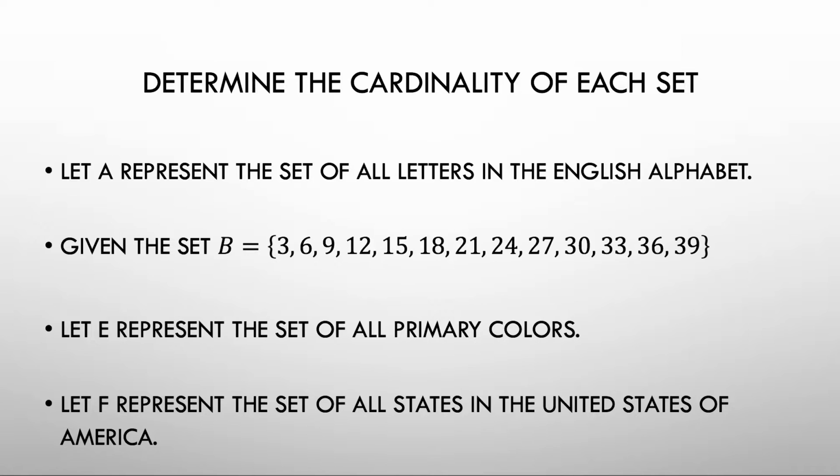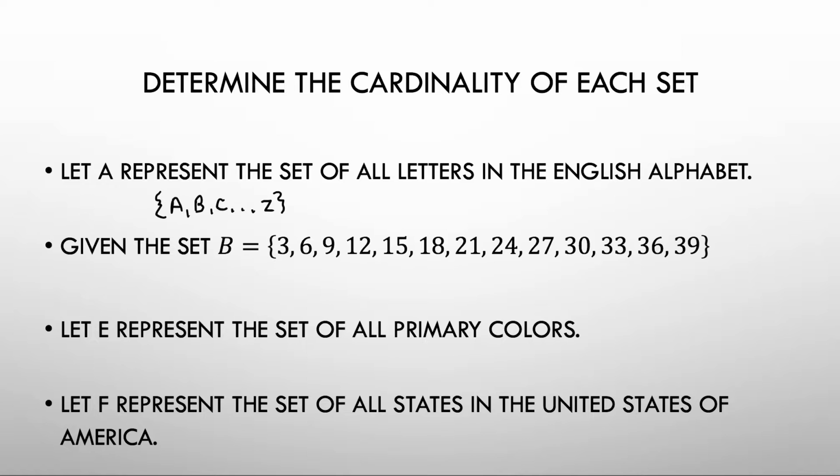So our first set says that A represents the set of all letters in the English alphabet. Remember that cardinality is the number of elements in the set. So if you were to take this set and list out the elements, you would list A, B, C, all the way down to Z. And if you did an entire list, how many elements would be in your set?